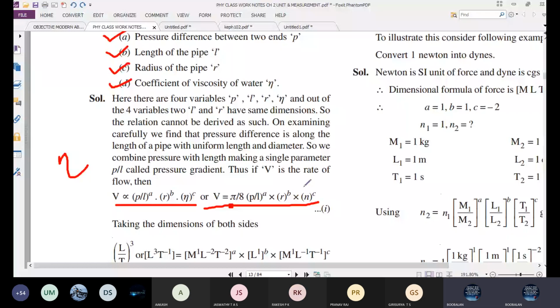I need the final equation. Try yourself. After that I will explain. Pressure, length, radius, and this is eta. Refer to the material: coefficient of viscosity and coefficient of viscosity of water both have the same dimension formula.